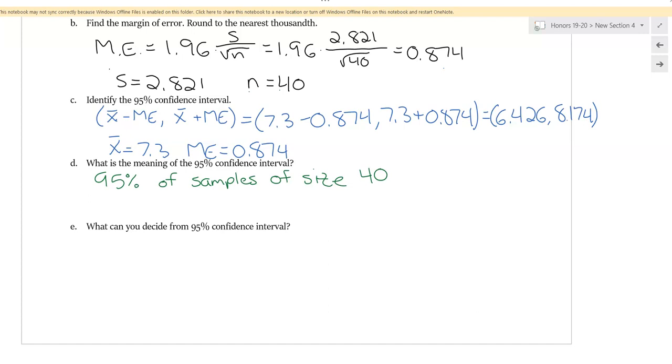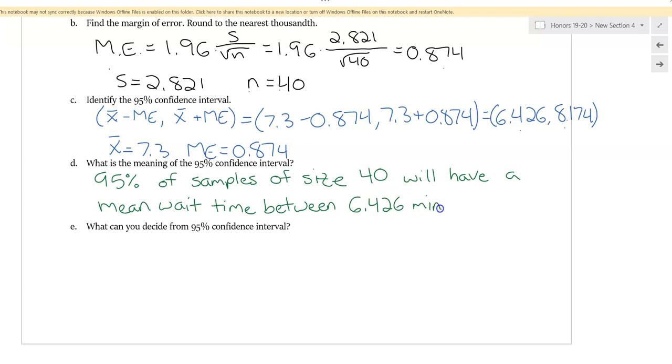No matter how many times I choose a random 40 students and redo this experiment, 95% of those samples will have a mean wait time between these two numbers, 6.426 minutes and 8.174 minutes.